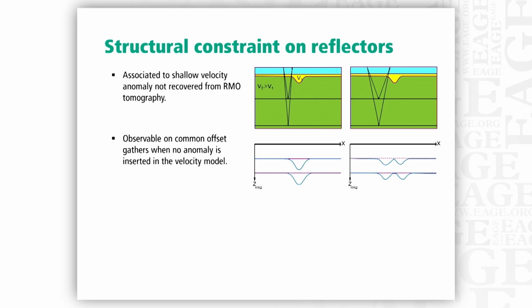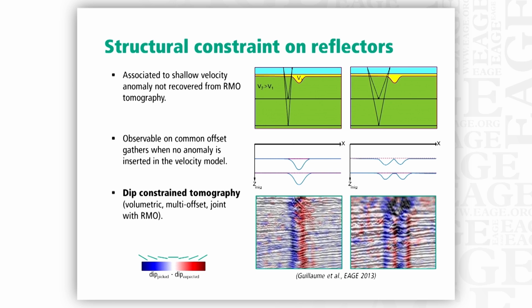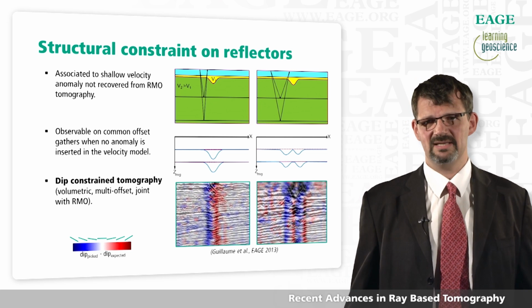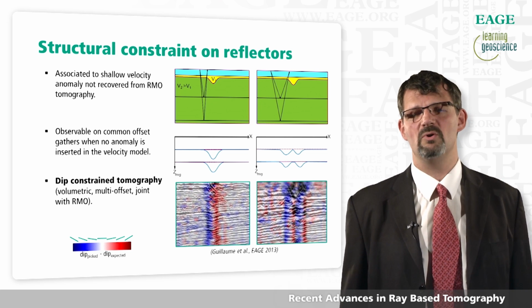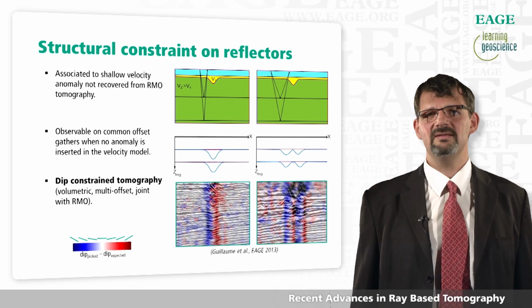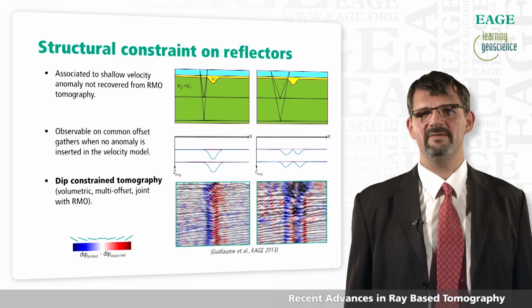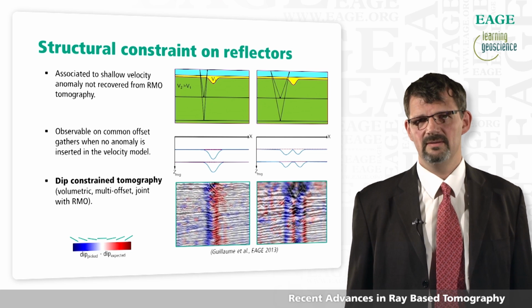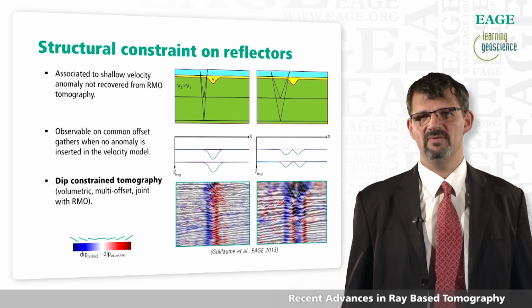But the problem is how to solve it, how to have the information that we need to remove this pull down effect all over the migrated section. So there is a solution published recently, last year, dip constraint tomography. What is the idea? To identify locations where you have some error in your dip field.